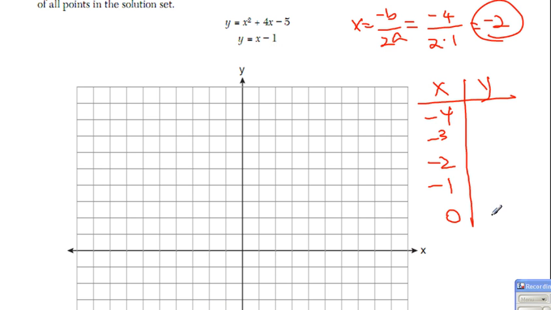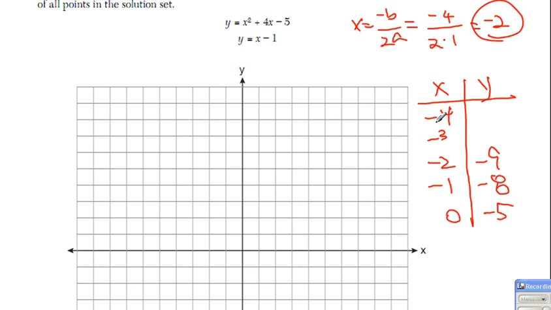When you plug in 0, obviously we will be left with negative 5 because this becomes 0, this becomes 0. When we have negative 1, this becomes 1, while this one is negative 4. So it becomes total negative 8. When you plug in negative 2 here, it becomes negative 8. So therefore negative 13, but the negative 2 squared becomes 4, so end up being negative 9.